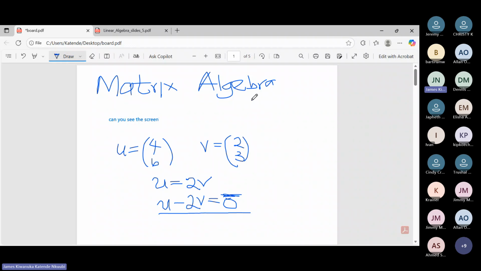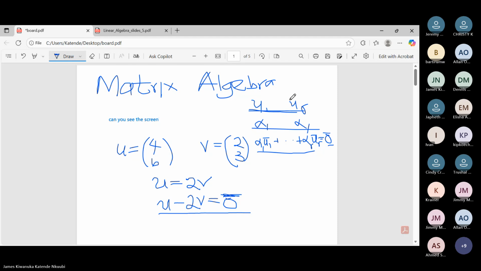If you have a set of vectors, u1 up to ur, and you can find scalars alpha 1 up to alpha r such that alpha 1 multiplied by u1 plus up to alpha r ur, where the u's are vectors, gives us a zero vector, then we'll say these vectors u1 up to ur are linearly dependent.